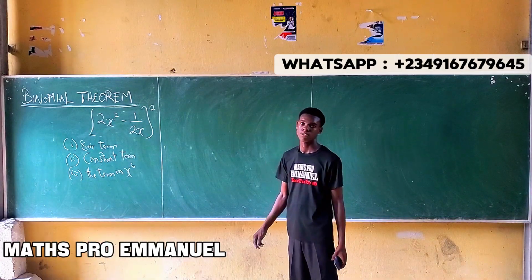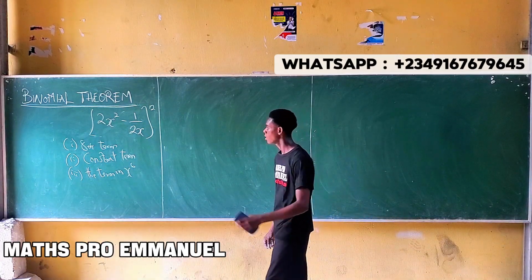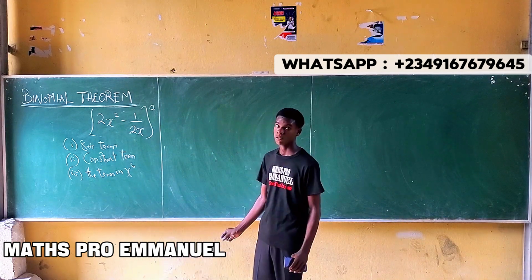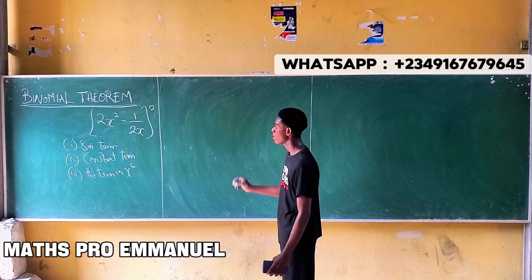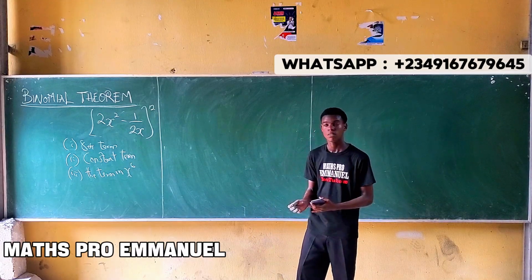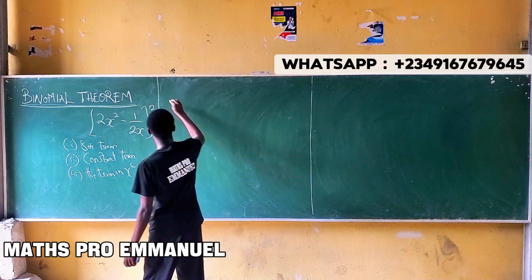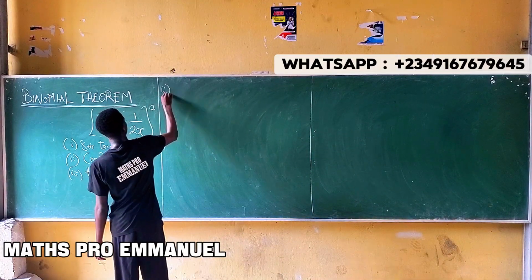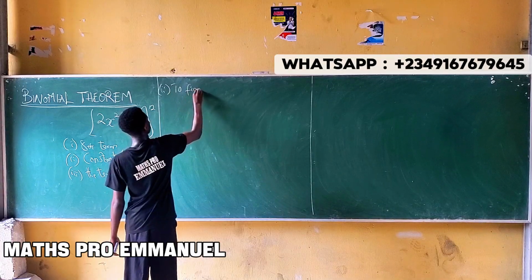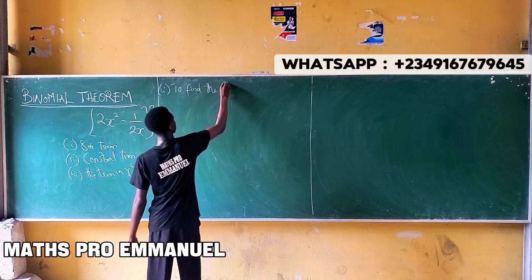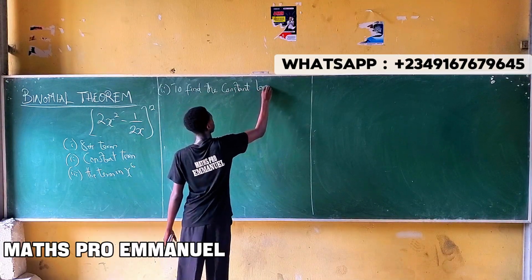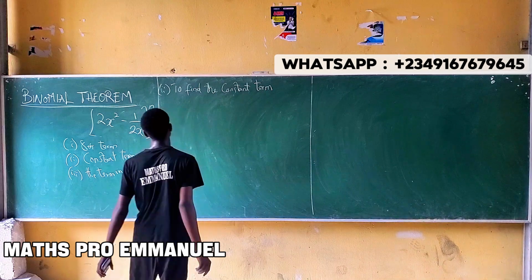Now, there is something kind of strange here, but let me bring out all the parameters. I'll still be using that combination formula, but in that formula we are given A and B. To find the constant term, I'll bring out all my parameters.